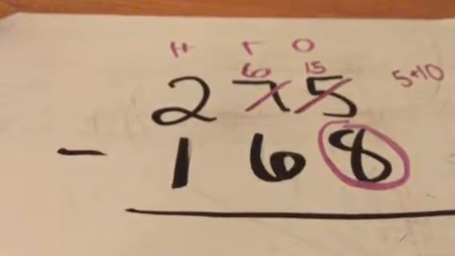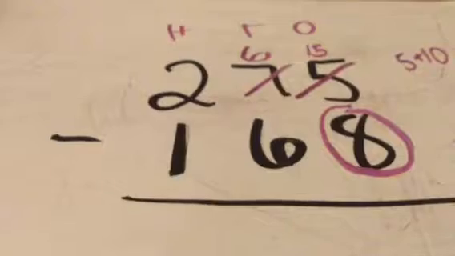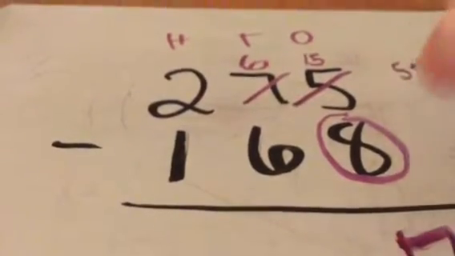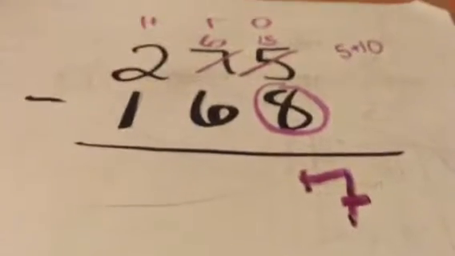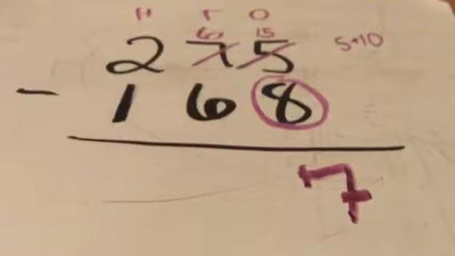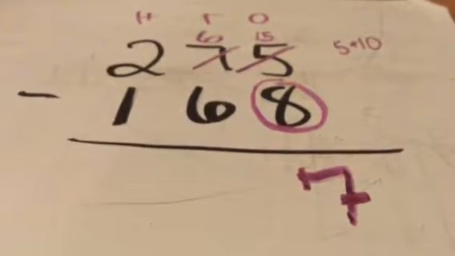Well, I know 15 minus 5 is 10, but it's not take away 5, it's take away 8. So 10 minus 3 is 7. Okay, don't let me confuse you. I'm just trying to show another way to think about subtraction other than using your fingers.